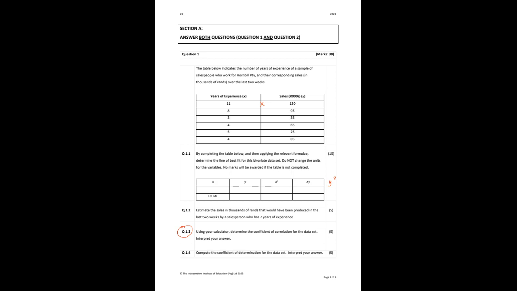So just to make sure that your answers are correct on the way as you go along, you can include the Y squared value to just ensure that your figure for the coefficient of correlation is correct.